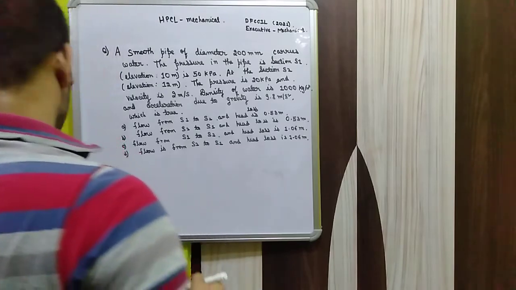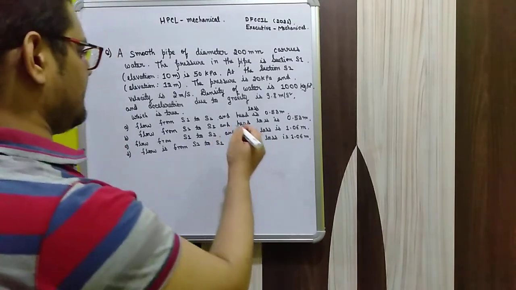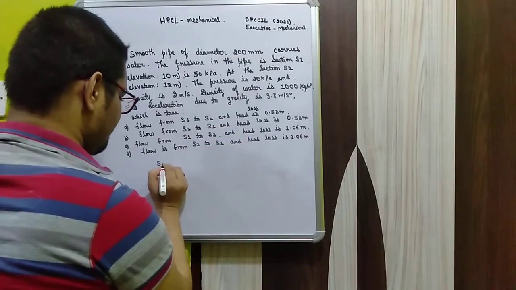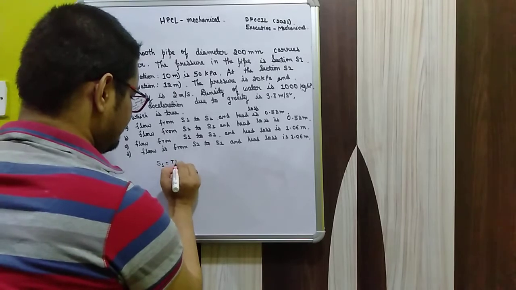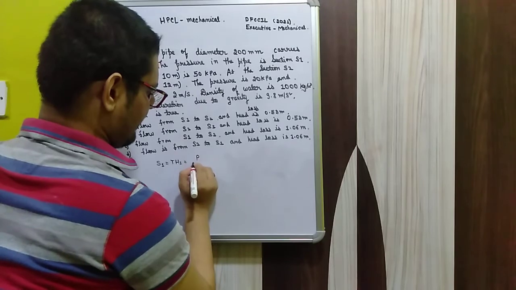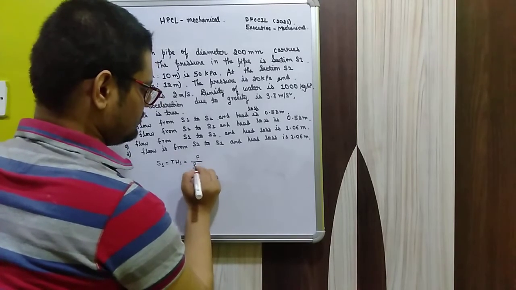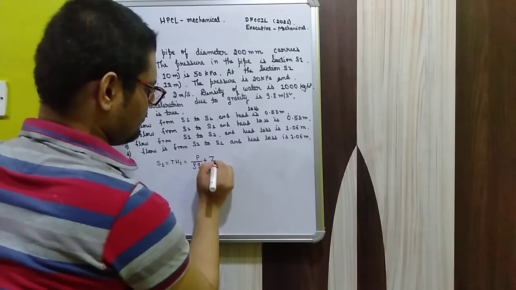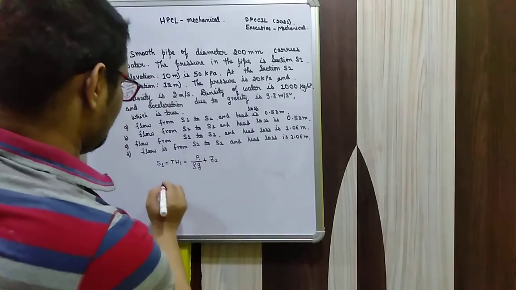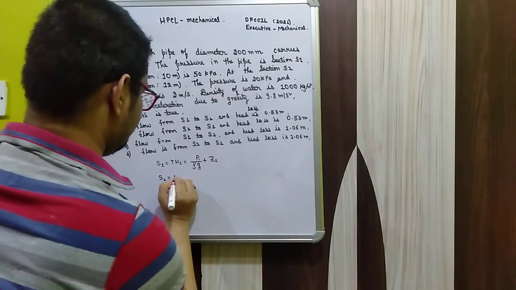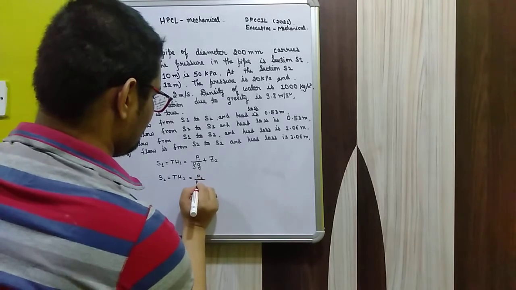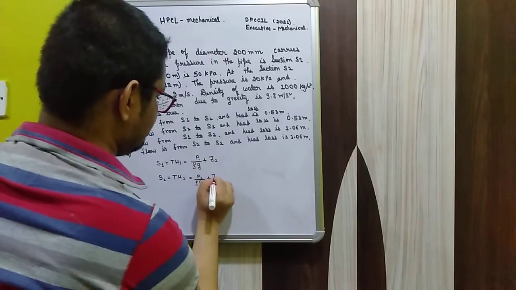Okay, we have to calculate the head at S1, or we can write TH1. We know the formula according to Bernoulli's theorem: P by rho g plus Z1, and for H2 or TH2, that will be P2 by rho g plus Z2.